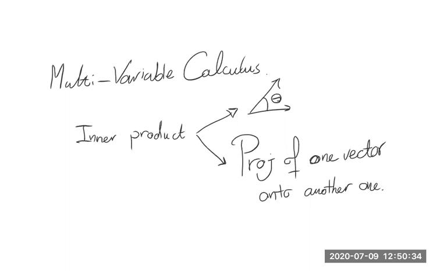There are a lot of other different things we can do with inner product, but some interesting properties appear in three-dimensional space, which don't appear in two-dimensional space. And that's related to the existence of another product called cross product. Cross product is a type of product we can define in three-dimensional space.